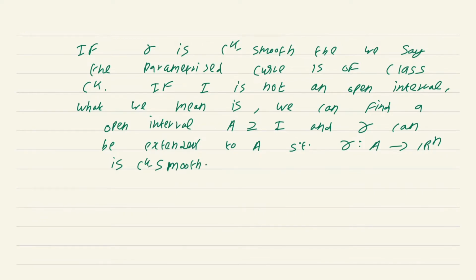Now what does C^k smooth in this context mean? Well, it just means that gamma 1, gamma 2, ..., gamma n are C^k smooth.